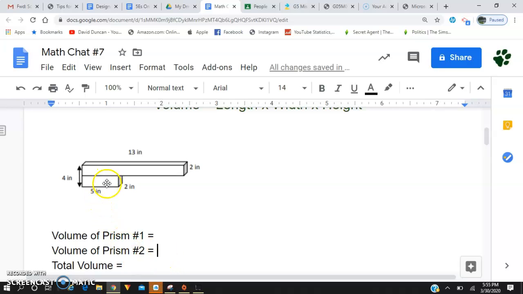Then once I have this volume and this volume, I'm going to add them together to get the total volume of this overall shape. So I'm going to start by looking at what I know. I know that the height of both of these together is 4 inches.